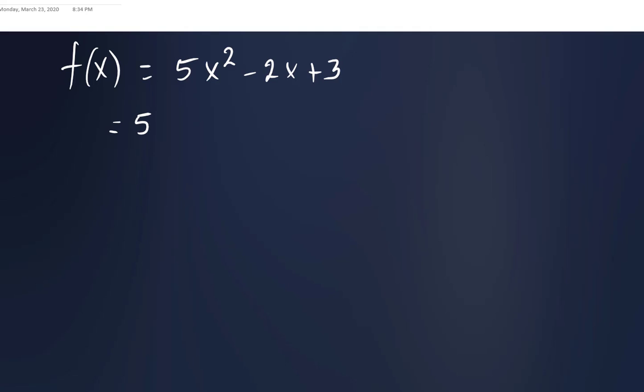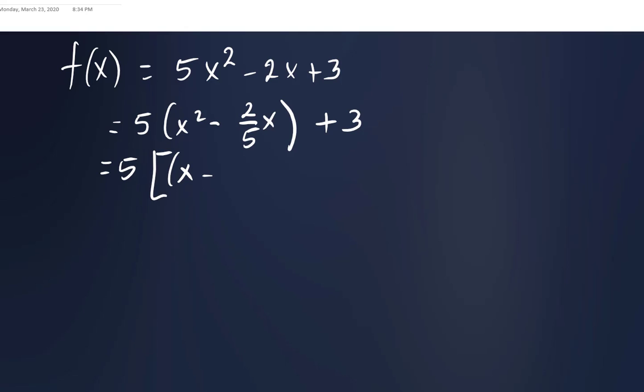I'm going to rewrite factoring a x squared minus 2 over 5x plus 3. Okay, so what I can say is 5 factoring x minus this one divided by 2 becomes 2 tenths, right? Squared minus 2 tenths squared, close that, and then plus 3, correct?